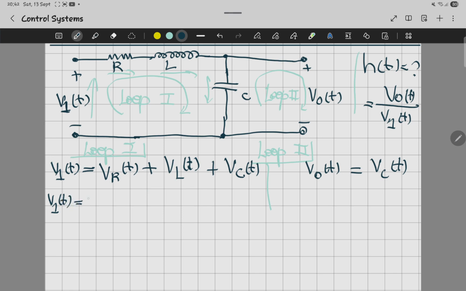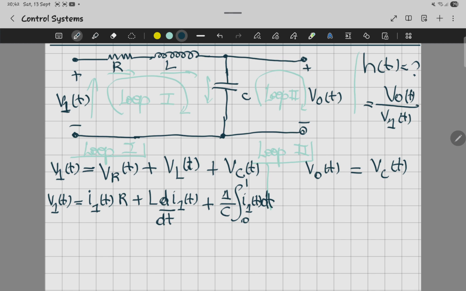Since it's loop 1, it's going to be i1 of t times R for VR, and then for VL it's going to be L di1 over dt, plus 1 over C integral from 0 to t of i1 dt.